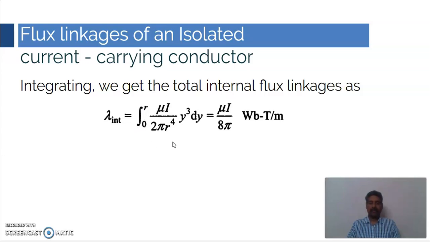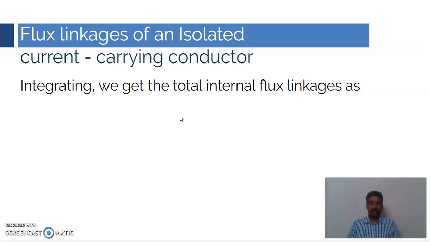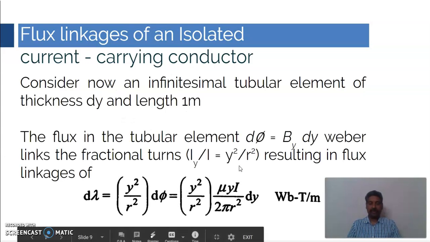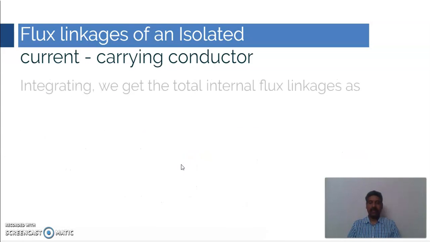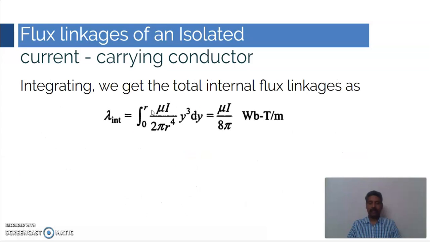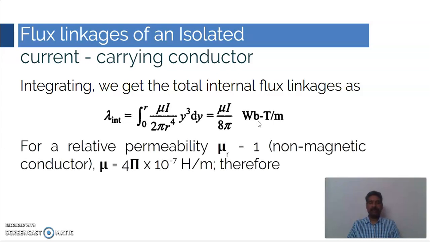You can substitute the same equation in the integral and integrate it over 0 to r. It reduces to mu I by 8 pi Weber turn per meter. So this is the flux linked because of the internal flux.